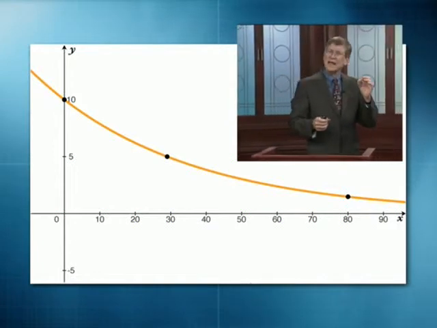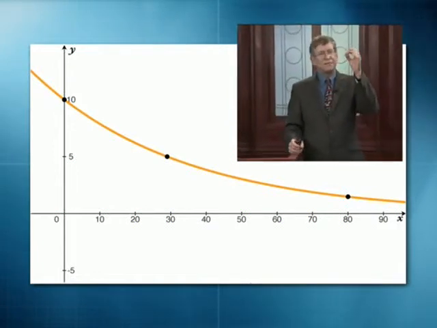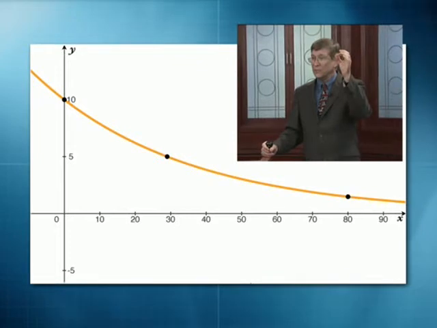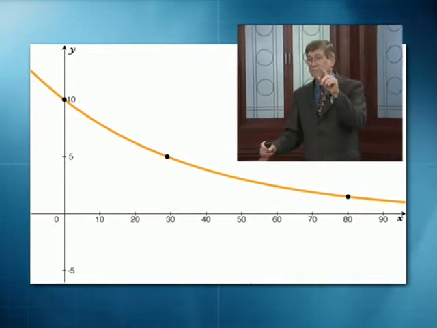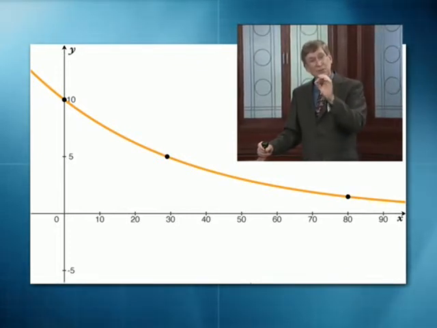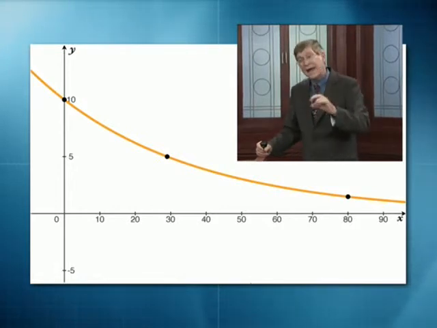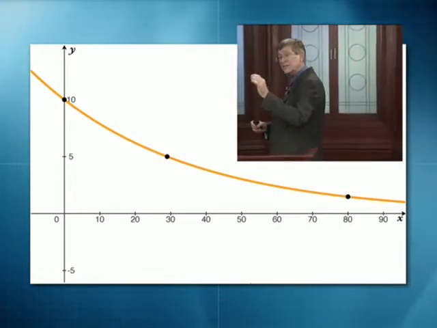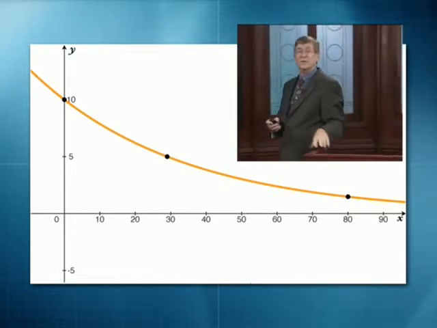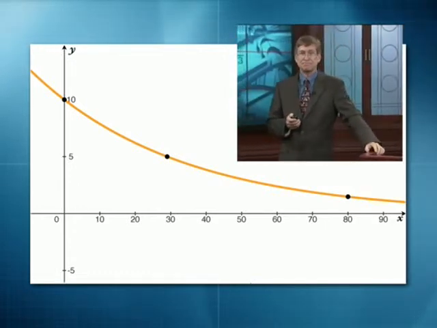It's a decaying exponential. It starts off at 10 when time is 0, and I've marked the point where the amount is 5 when the time is 29, and then further along when the time is 80, it's decayed to a very small amount.